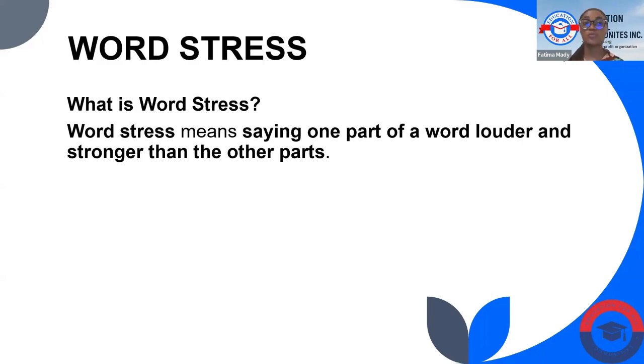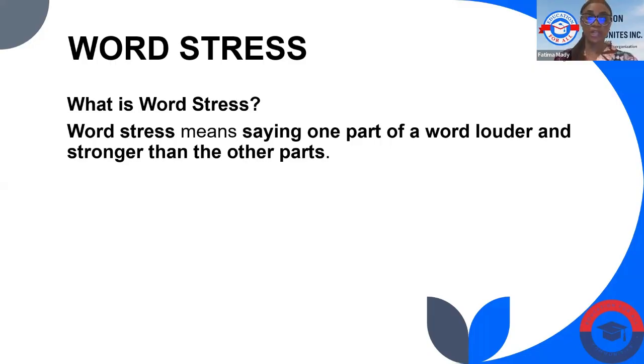There are some words with one syllable, some with two syllables, and some with three syllables. Word stress means that one part of a word is louder and stronger than the other part. When you're pronouncing it, you're putting extra effort into saying it.